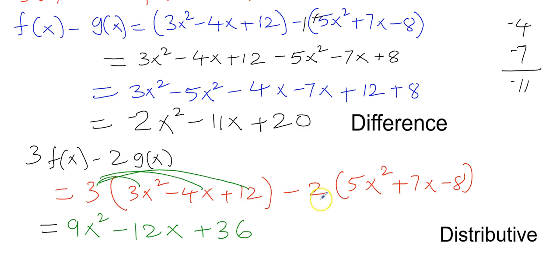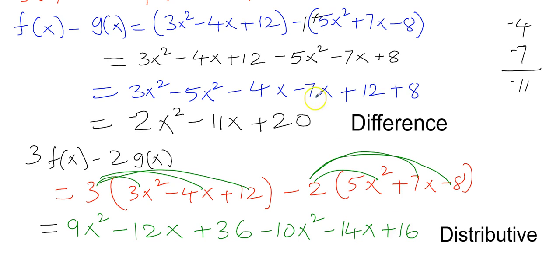Next, minus 2 times 5x square, minus 10x square we got. Then again minus 2 times 7x, minus 14x. Minus 2 times minus 8 gives you plus 16.